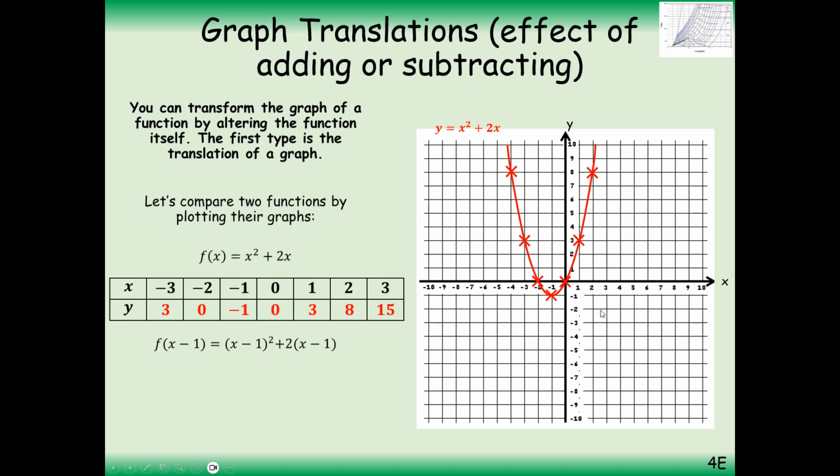All right. So in this next function, the original function is remaining as it is. x squared plus 2x is what the original function is. But we are taking this notation here, x minus 1 inside of the f bracket, which means that everywhere we had x, where we had x squared, we're actually having to subtract 1 from x before we square it.